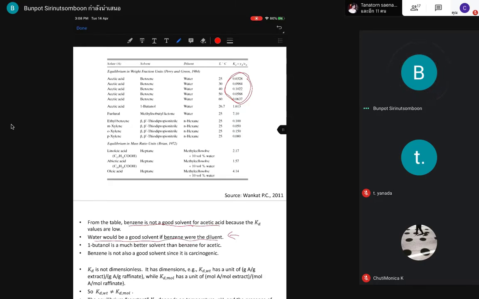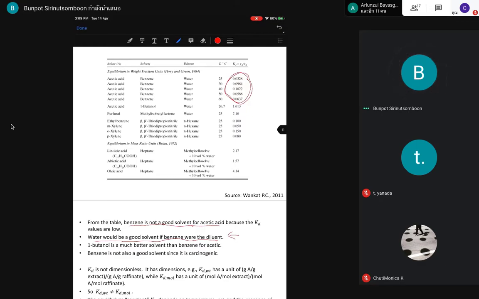Because these KDs are for when benzene is the solvent, and they are low. But if you use water as the solvent instead, then the KD value is going to be high. It's going to be the reciprocal of this value.